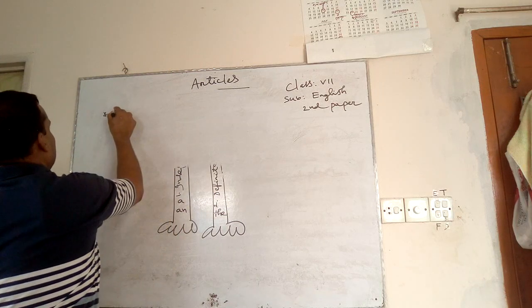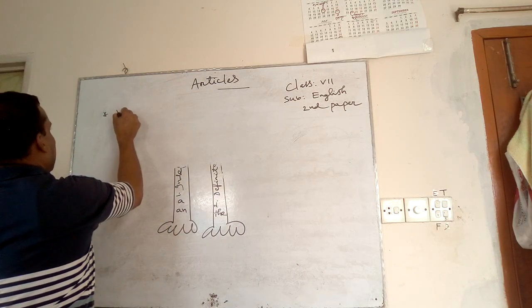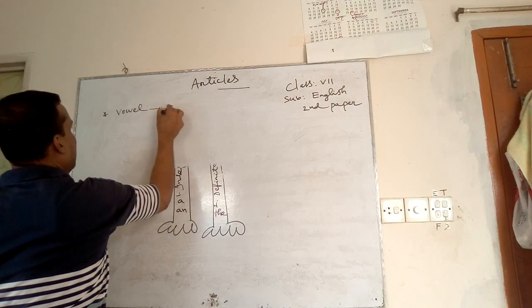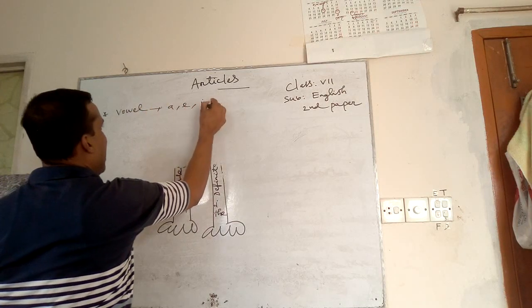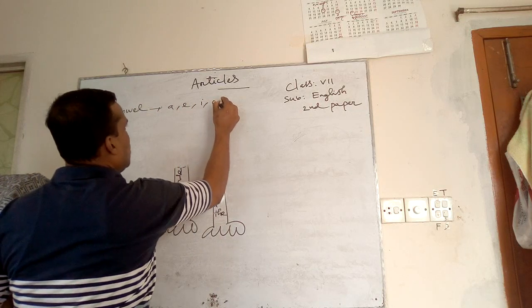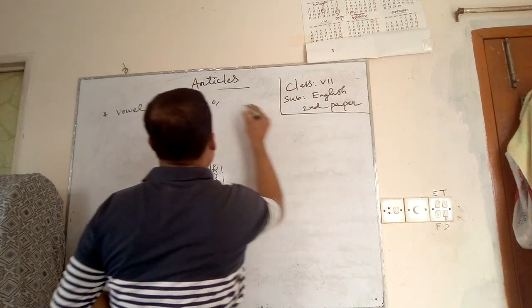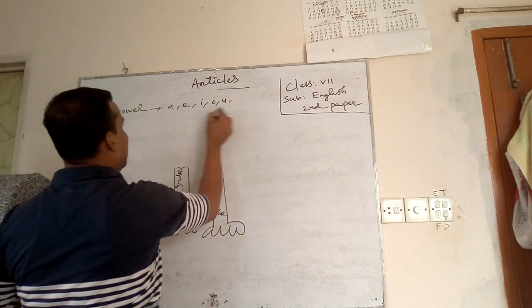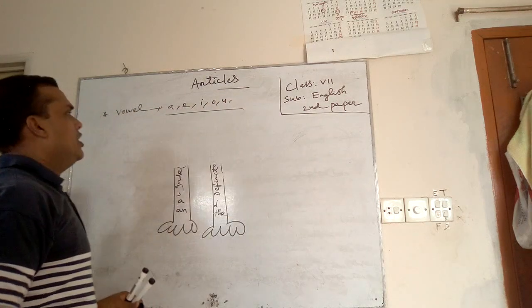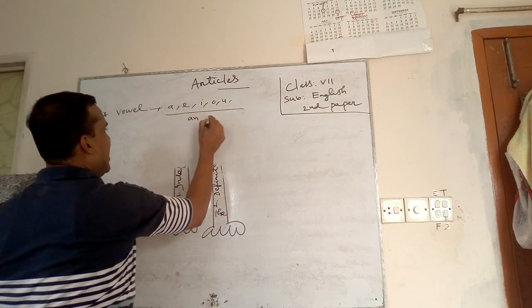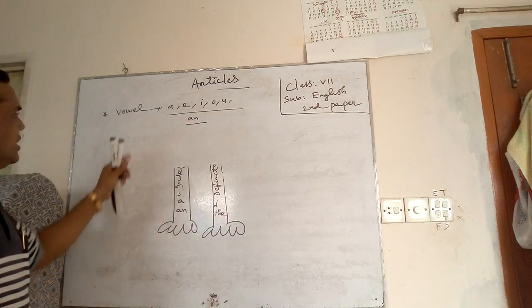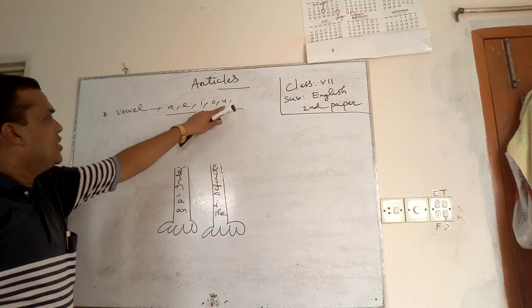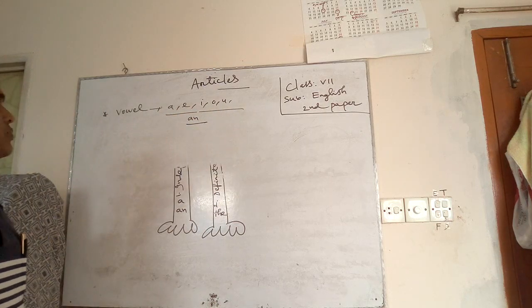If there is any word beginning with a vowel A, E, I, O, U in a sentence, we will use an.